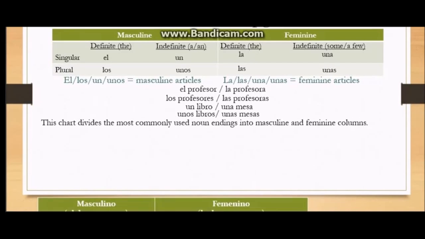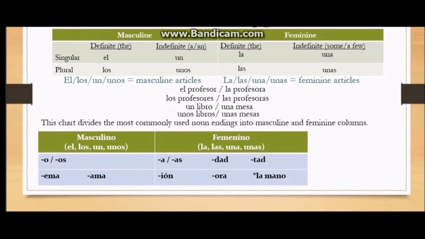This chart divides the most commonly used noun endings into masculine and feminine columns. Typically, nouns that end in O, OS, EMA, AMA are masculine. Two exceptions to the rule are mapa and día. Both of these are always masculine.